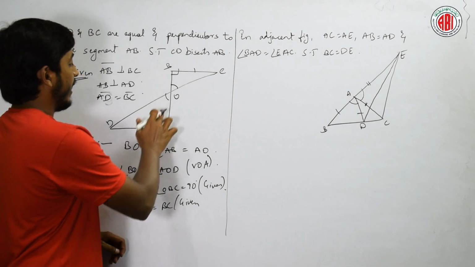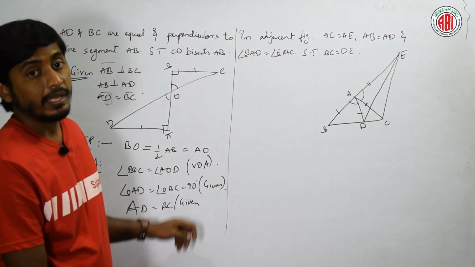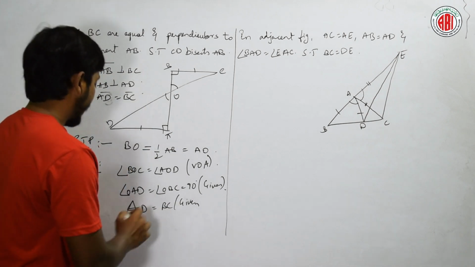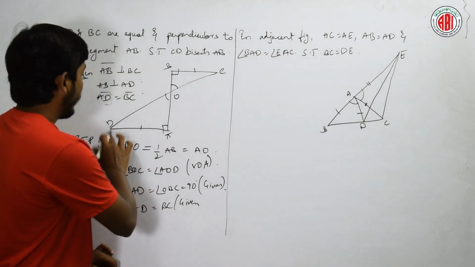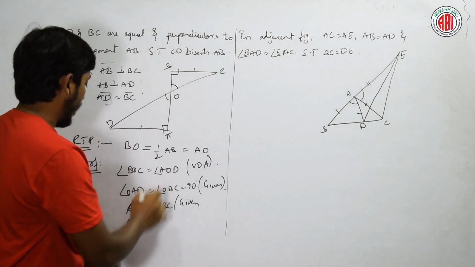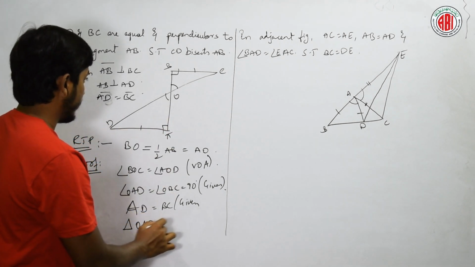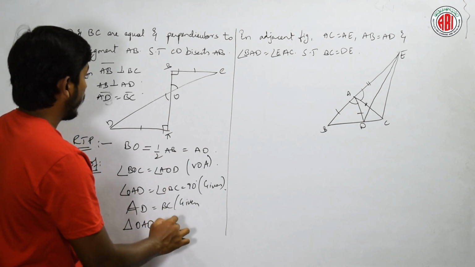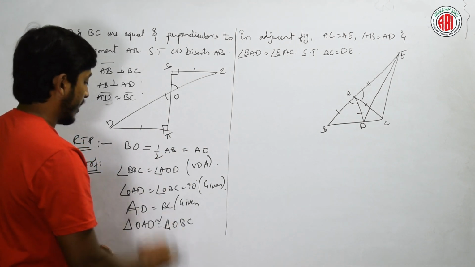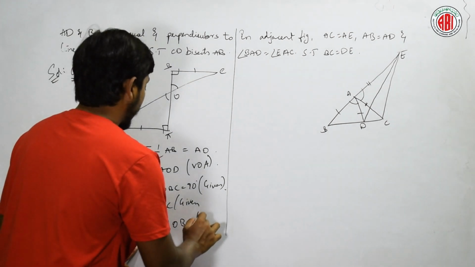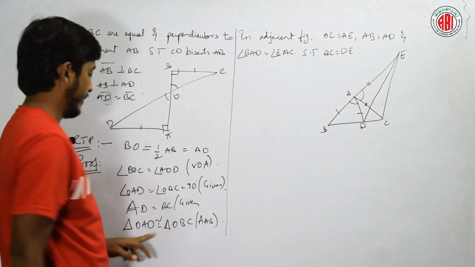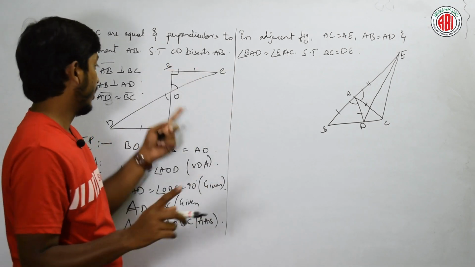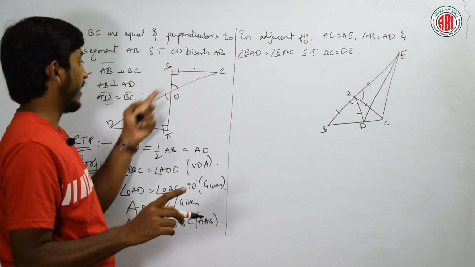Now if you observe angle, angle, side, by the AAS property we can tell that triangle OAD is congruent to triangle OBC, by AAS congruency. You should not miss the order: first angle, then right angle, then side.